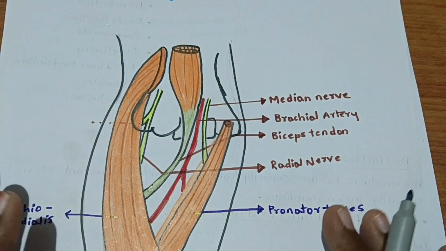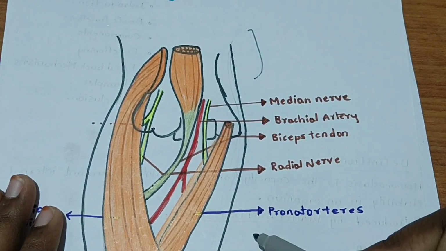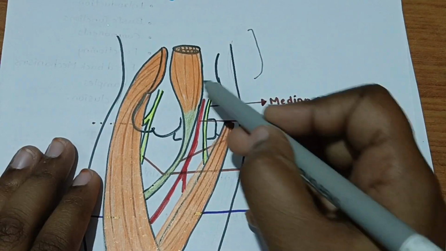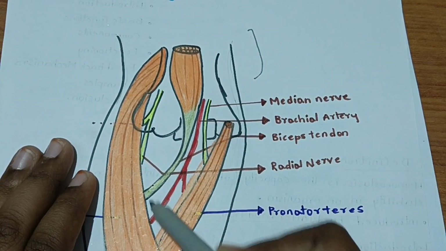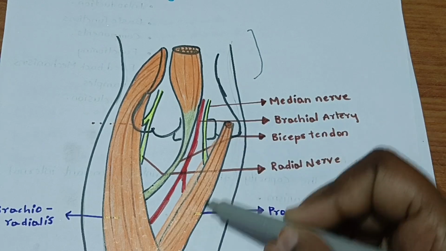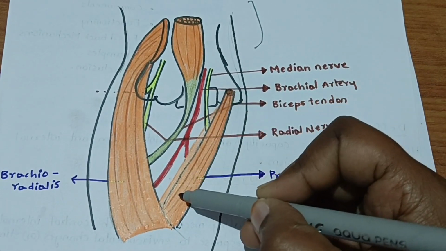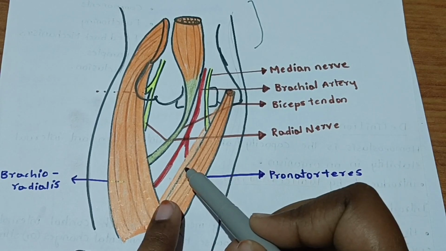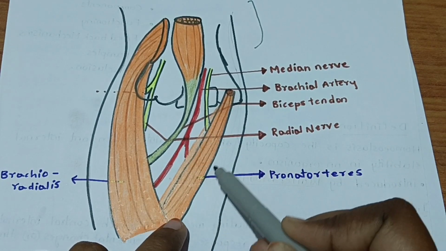See, this is the fossa. Here is the arm, the elbow joint and down the forearm. This is the triangular fossa, and this is the medial side, bounded by the pronator teres. This is the lateral border of the pronator teres and this is the medial border.